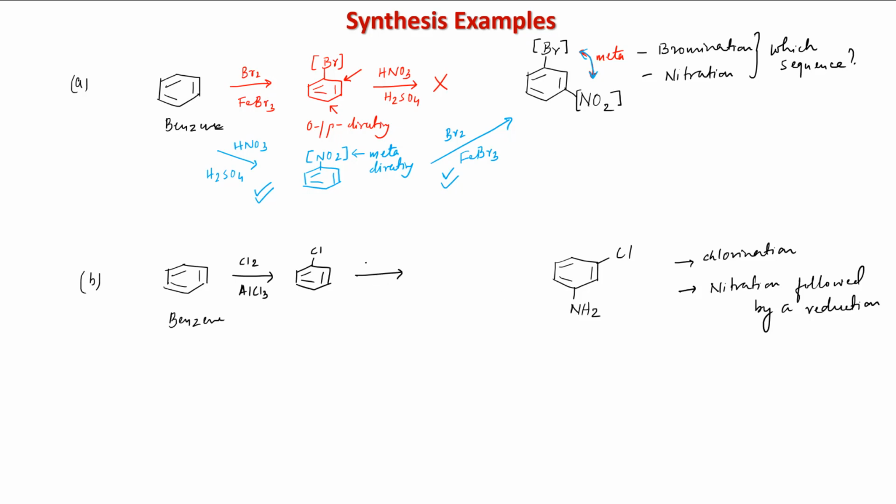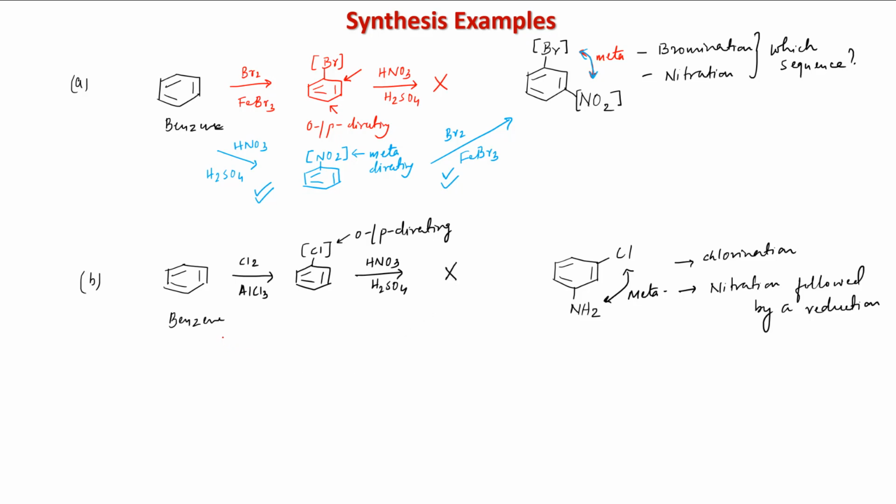So we can try to do a nitration on this molecule. But what we're going to quickly realize is that the chloro group here is ortho-para directing. And so it would not give us the required regiochemistry here, which is meta between the chlorine and the amino group. So this synthesis is not going to work out.